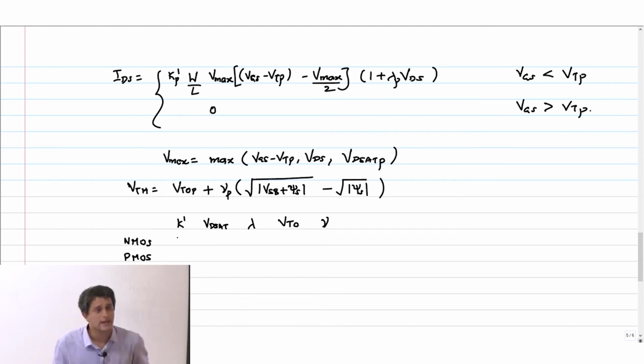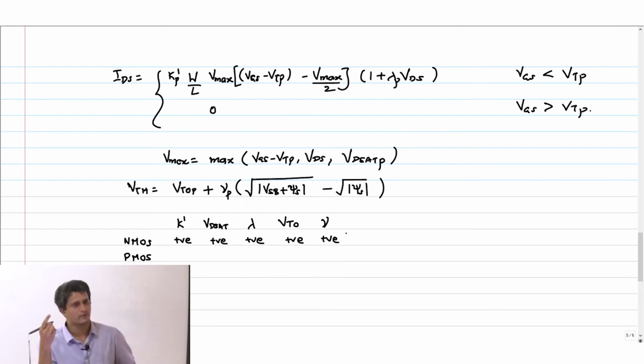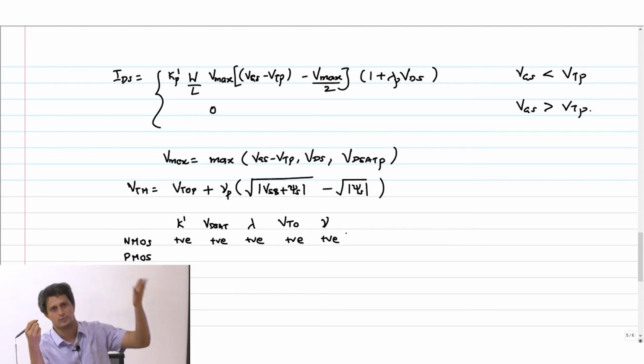So in an NMOS transistor, all these parameters were just positive. We understood why each of these parameters. For example, why gamma should be positive, because if you increase VSB, threshold voltage should go up, and therefore gamma has to be a positive number.